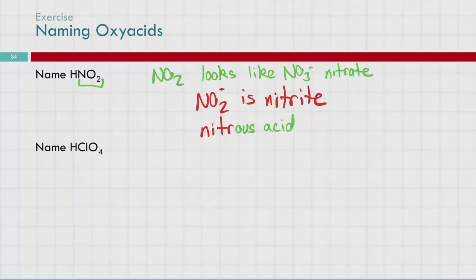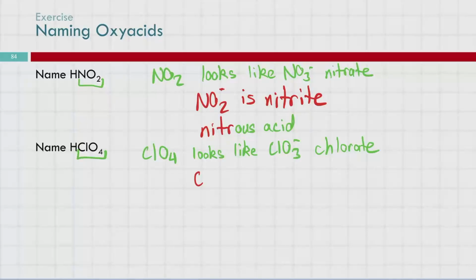And then for HClO4, we have this ClO4. ClO4 looks like ClO3 minus, which is chlorate. We added one oxygen. What does that do for us? What do we add? What do we change? Per.